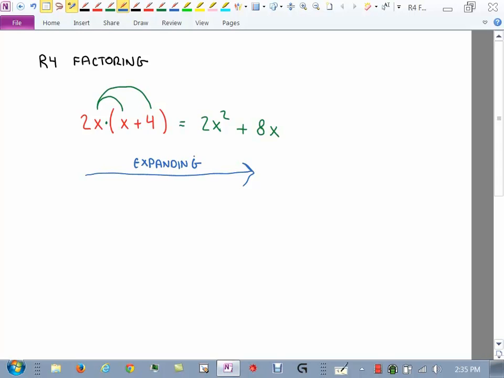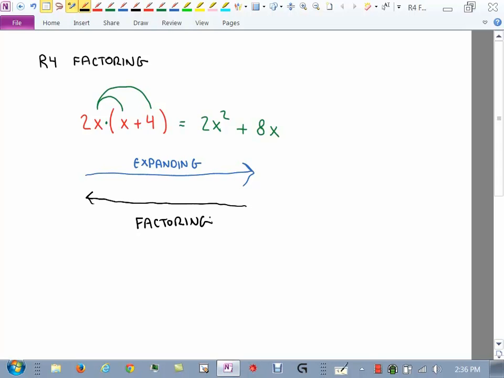But just like most things in math, if we can do it in one direction, then there should be a way to undo it and go backwards, right? And so the operation of actually going backwards here is what factoring is. So you should have been shown all these different techniques of factoring.